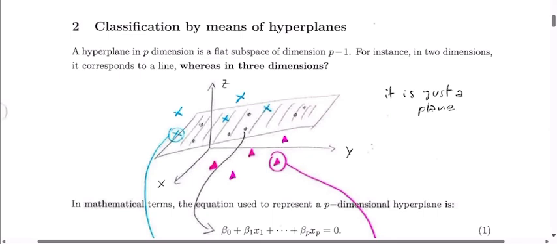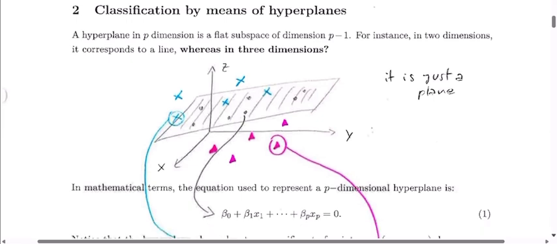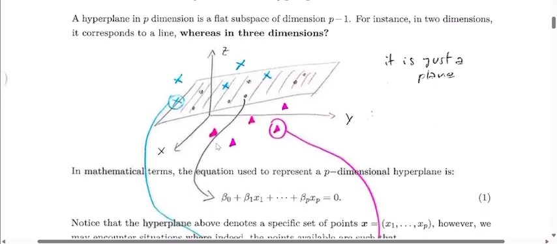So what do I mean by that? The two dimension, the one I call 2D, corresponds to a line, and the three dimension will be called a plane. I'm going to say that again. For two dimensions, we use a line. For three dimensions, we use a plane. Now, I need you to pay attention to what you're seeing right now.